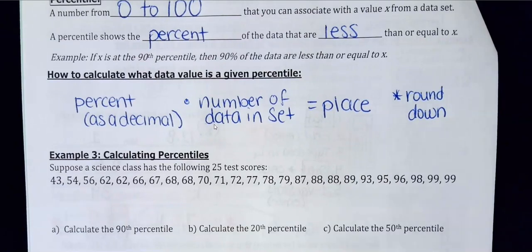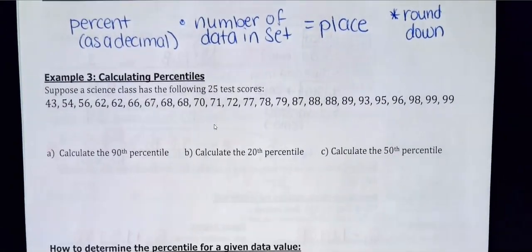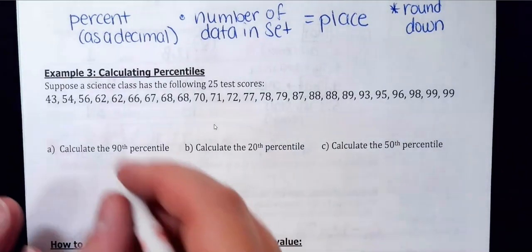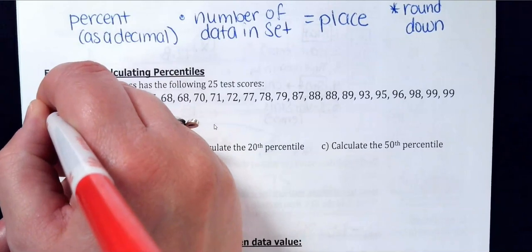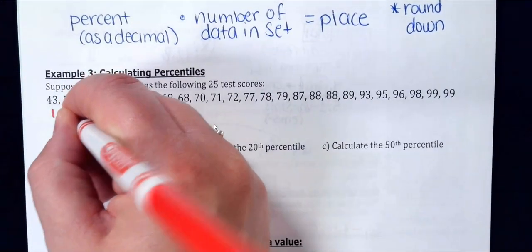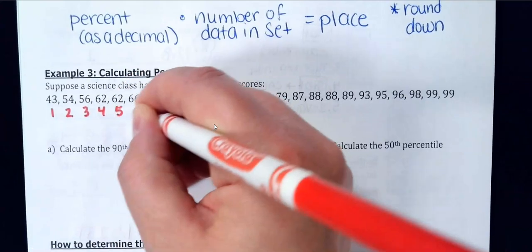Now, the one thing that is slightly annoying about these, and I did put these data in order, this is 25 test scores. You have to actually write down what place each of the test scores is. I've got 25 test scores written from least to greatest. So the person that got the 43, that would be the first position or place 1. The 54 would be 2. And so I'm just going to put a number under each one of these on down the line.